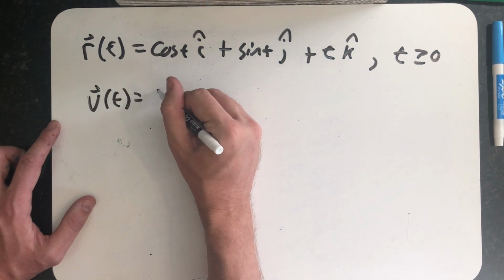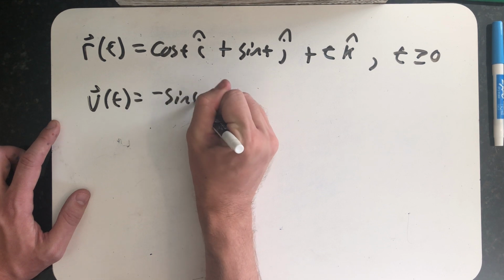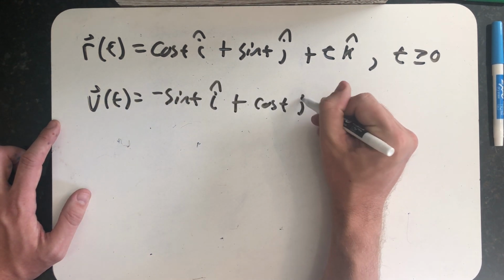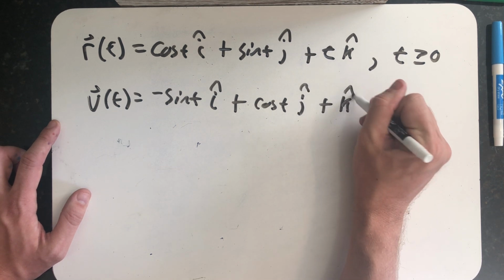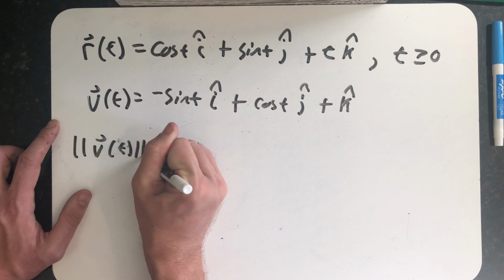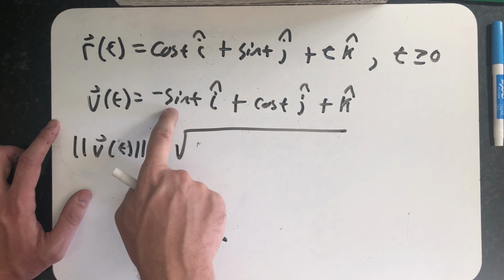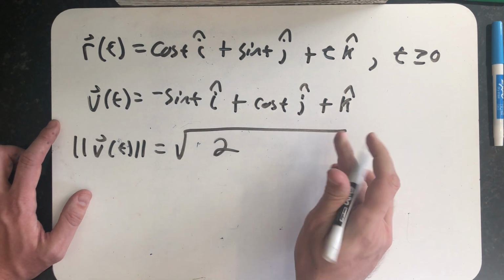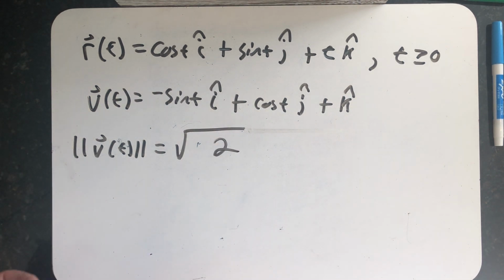Well, at this point, we've done this calculation enough, we might remember what the speed is, but just in case, I'll take my derivatives. All right, and then speed would be the square root of sine squared plus cosine squared is 1, plus 1 squared is 2. All right, so speed is constant.